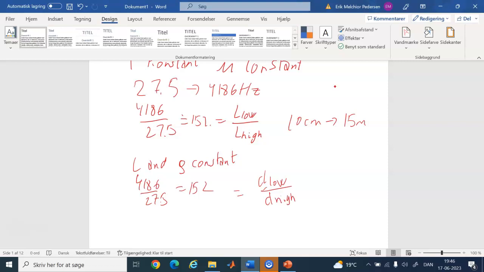So if you have 1 millimeter, it comes to 15 centimeters in diameter for a string.